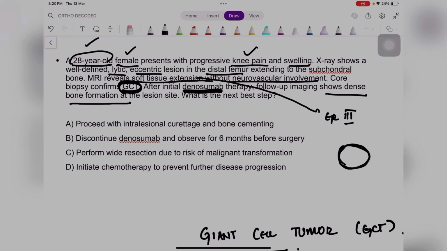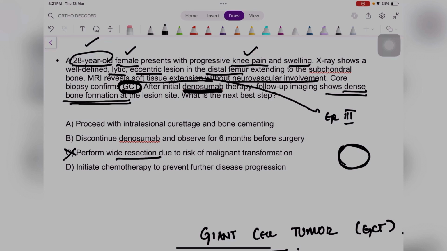Do you want to do a wide resection? No, we don't perform it because it is consolidated. That is, dense bone formation is present. Now the lesion is confined to the cortex. So you don't want to do a wide resection.